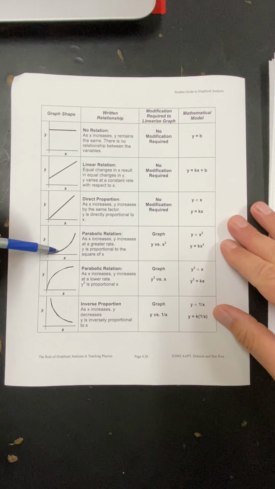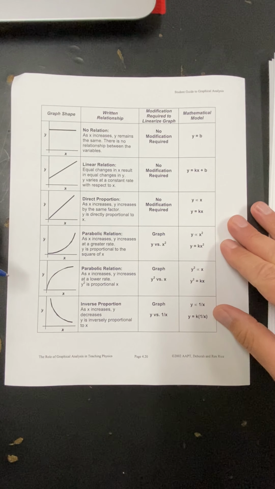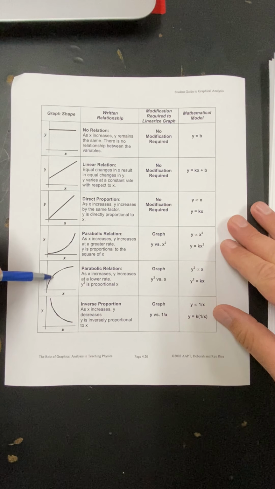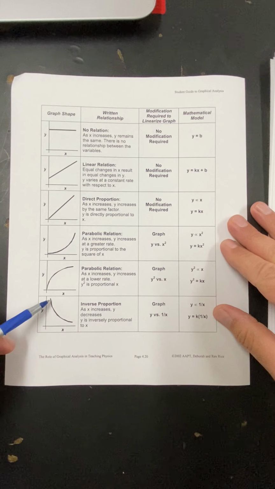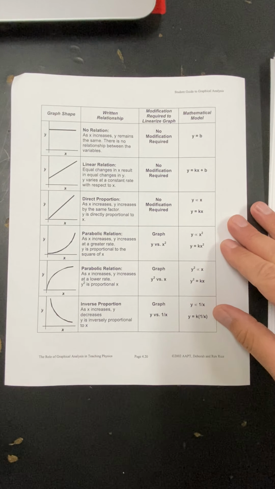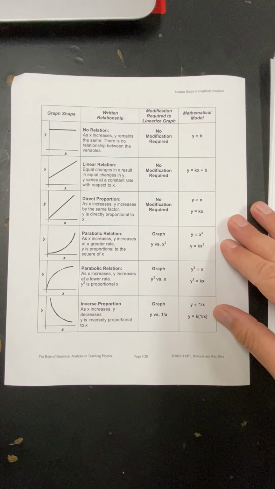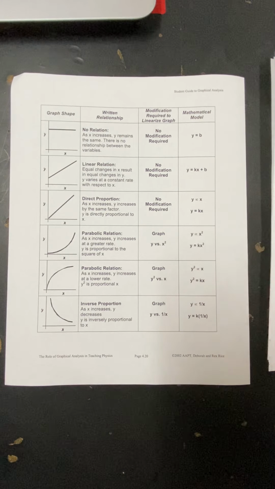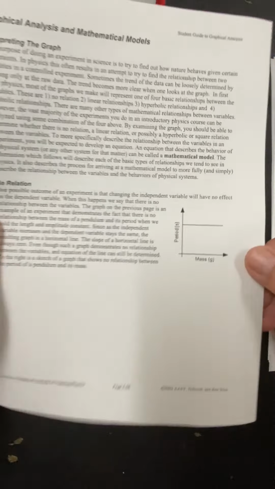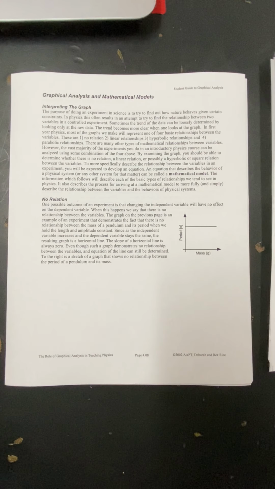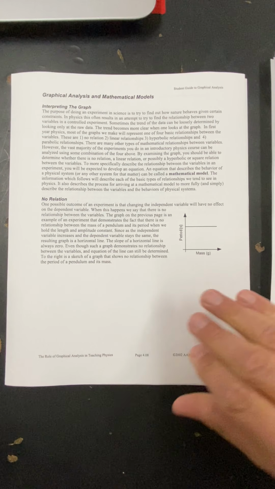You might get half of an upward opening parabola. You might get half of a sideways opening parabola, or you might get something that looks like this, like an inverse graph. And the rest of the reading from page 8 on actually goes into, all right, if you get each shape, what would you actually do to analyze these shapes?